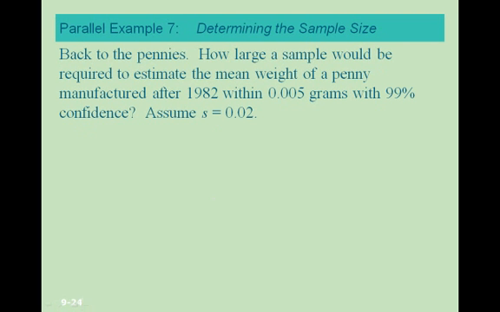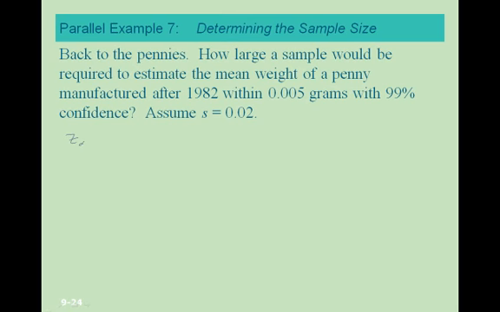So let's look at this example back to the pennies. We want to know how large a sample size would be required to estimate the mean weight of a penny manufactured after 1982 within 0.005 grams with a 99% confidence, assuming that the sample standard deviation S is equal to 0.02.